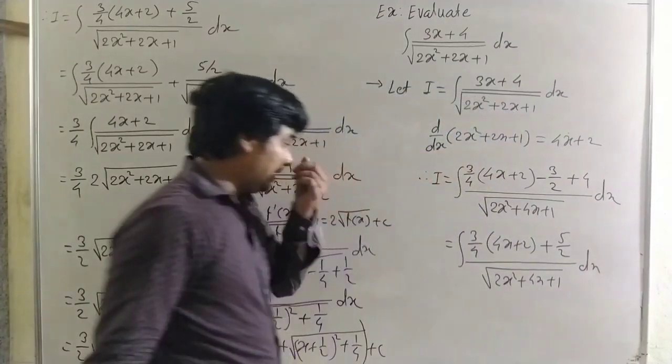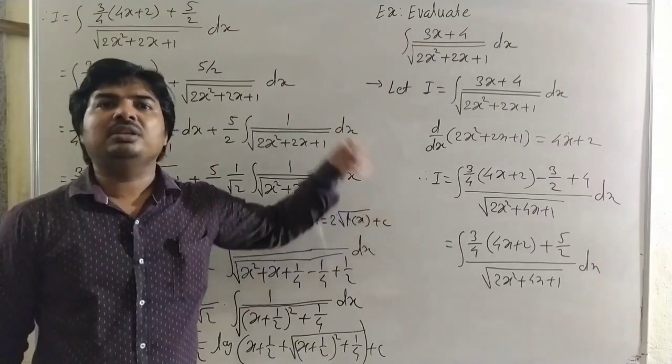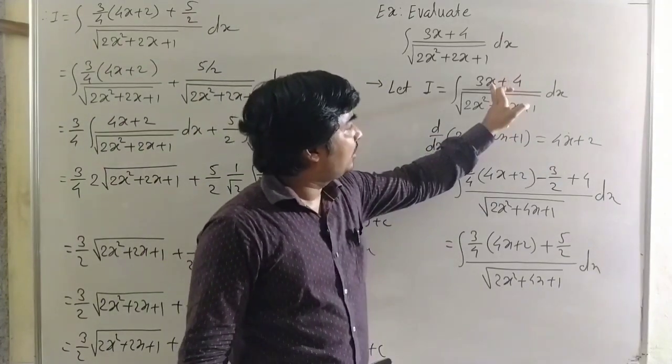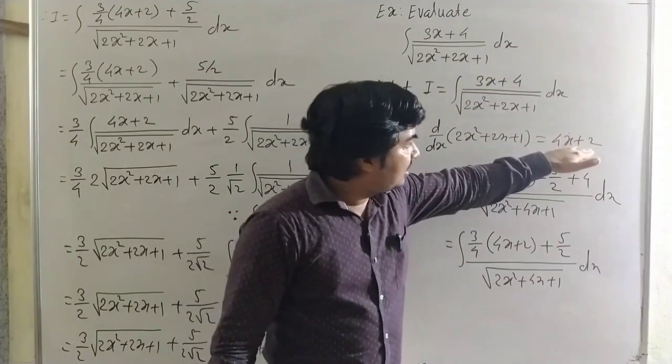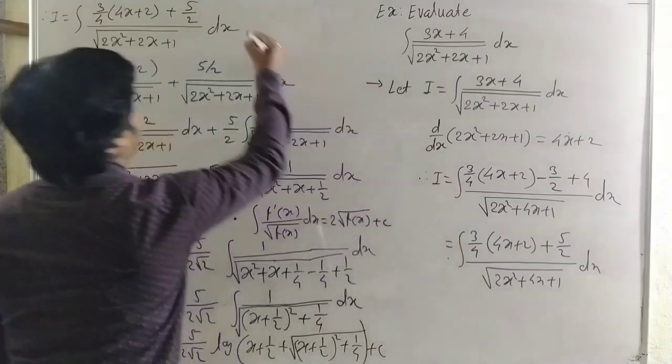Okay, we can directly adjust the derivative of quadratic function in linear function. It is a derivative of quadratic function, so the degree of the numerator and derivative is the same, so we adjust this derivative in the numerator. It is adjustment and we get this step directly.